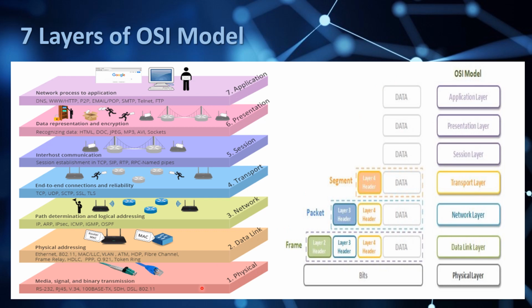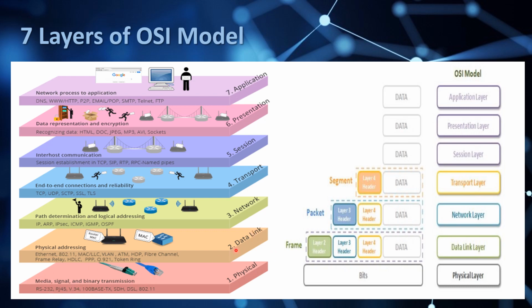On the left side, as you see, in the physical layer we use cables, such as coaxial cables, RJ45, DSL, RS232, and media. The data is in the form of signals.